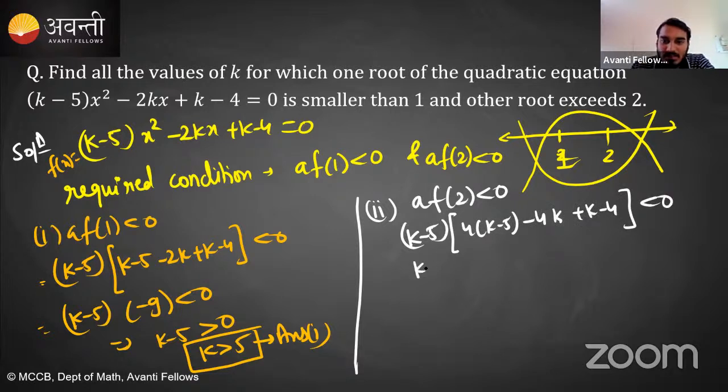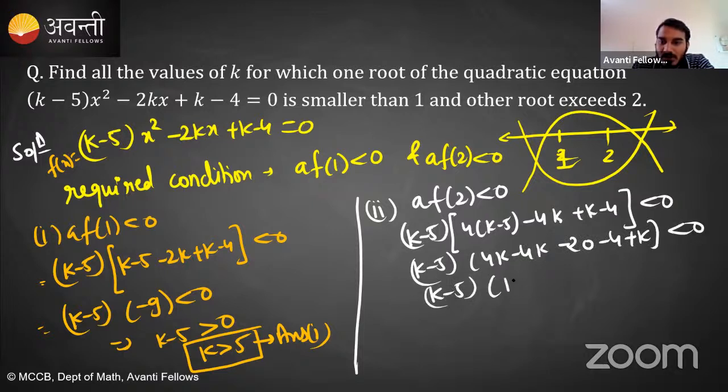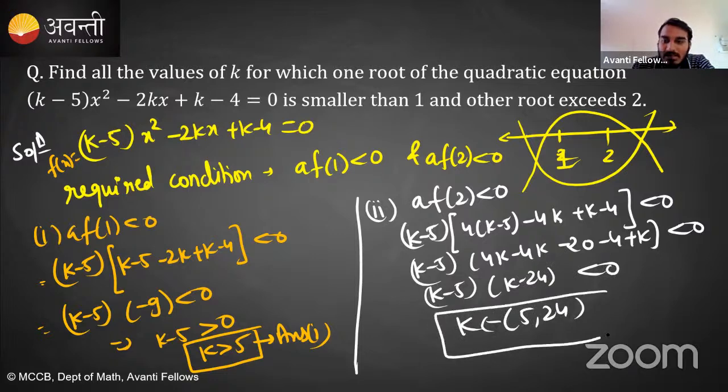So this is nothing but k minus 5 into 4k minus 4k minus 20 minus 4 plus k less than 0. So this is nothing but k minus 5 into k minus 24 less than 0. So k is from 5 to 24. So this is your answer 2. Clear?